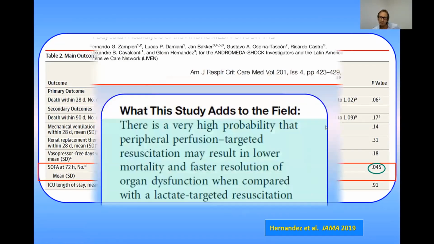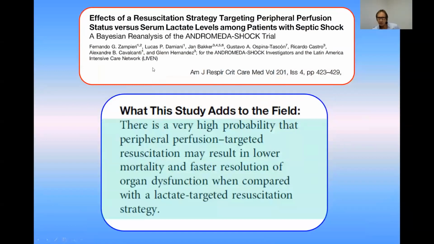And another reanalysis, a Bayesian reanalysis of the ANDROMEDA-SHOCK trial published in the Blue Journal 2 years ago, concluded that there are very high probabilities that peripheral perfusion targeted resuscitation, essentially capillary refill time, may result in lower mortality and faster resolution of organ dysfunction when compared with the lactate targeted resuscitation strategy.